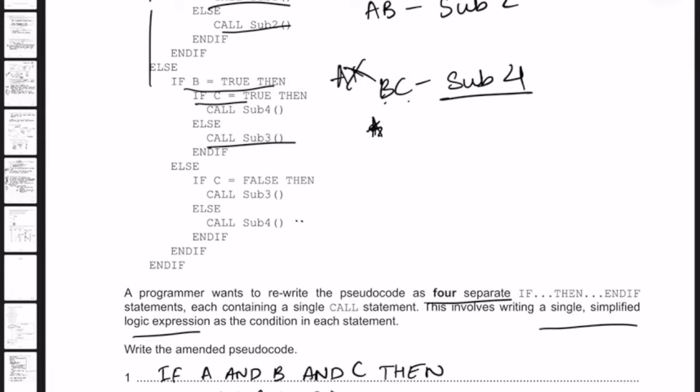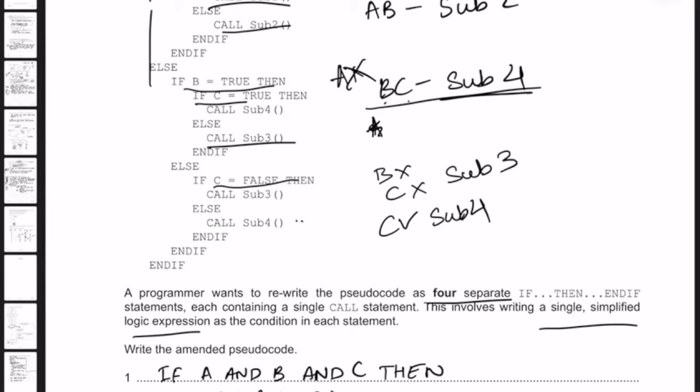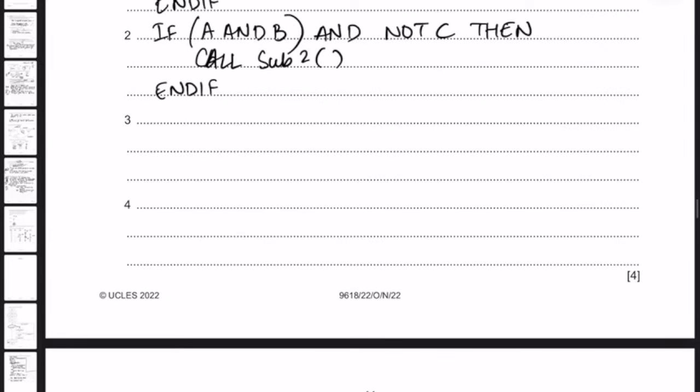So if you see ahead as well, if C is false, right, so which means B is in the else. So if B is false and C is false, then we call sub 3. But if C is true, then we call sub 4. Which means we just need C to be true to call sub 4. Makes sense. And also A should not be true.